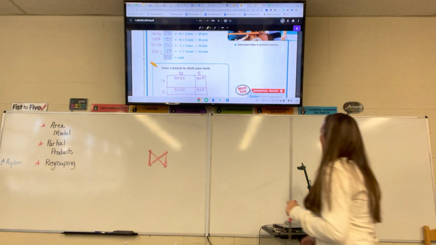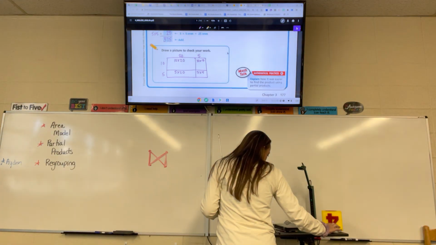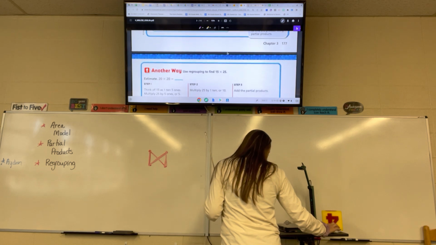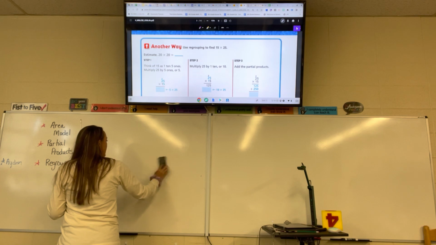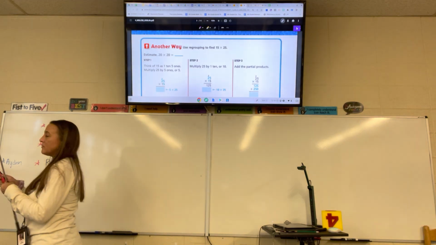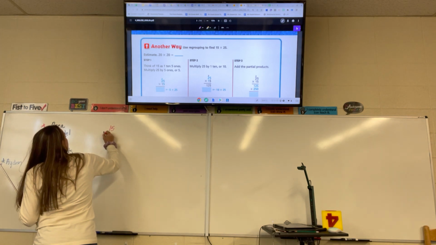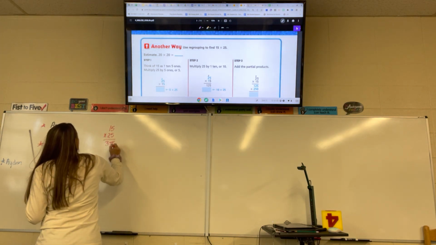All right. Next is the regrouping method. Okay, so we know that 15 times 25, we already figured out, equals 375, right?